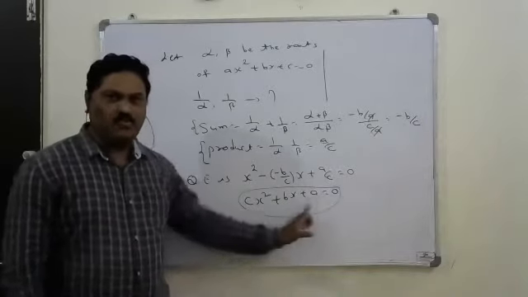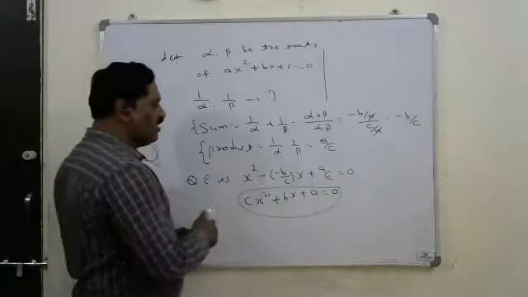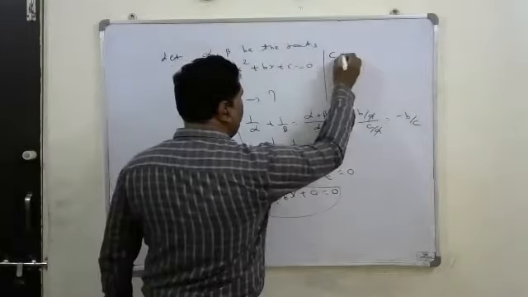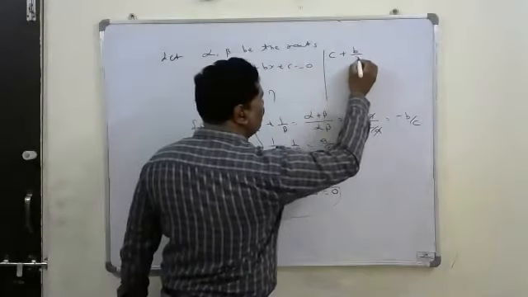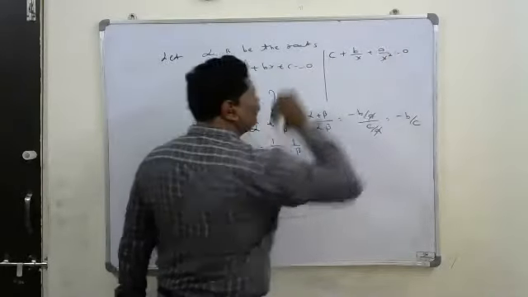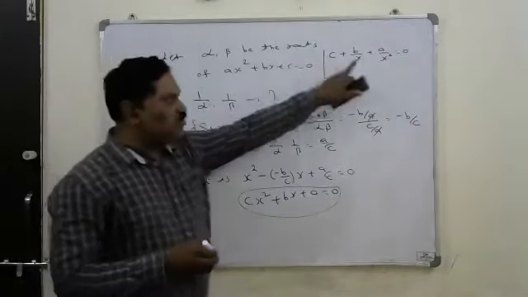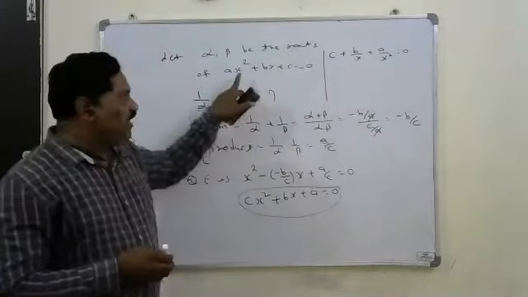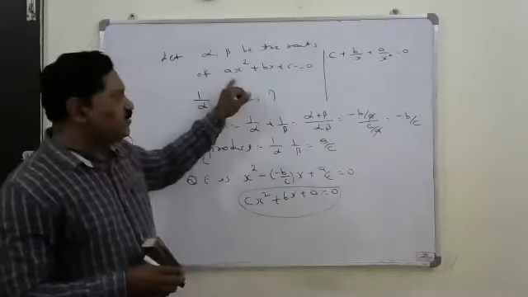If I divide this equation by x square, then what we are getting? c plus bx upon x square, means b by x, plus a by x square is equal to 0. Right? Now observe and compare both. What is there in place of x? 1 by x, and 1 by x square.